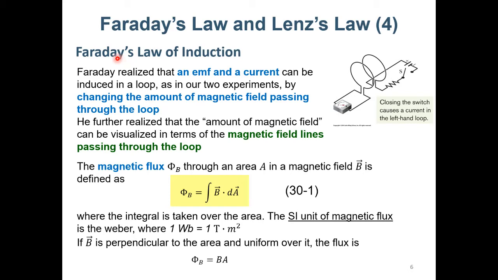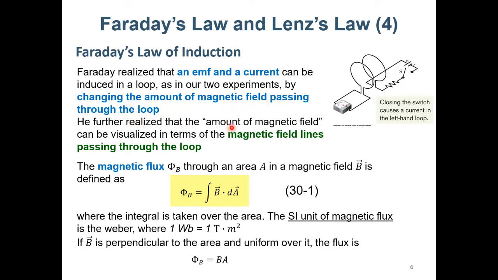So this is Faraday's law of induction. Faraday realized that an EMF, electromotive force, and a current can be induced in a loop in our two experiments by changing the amount of magnetic field passing through the loop.